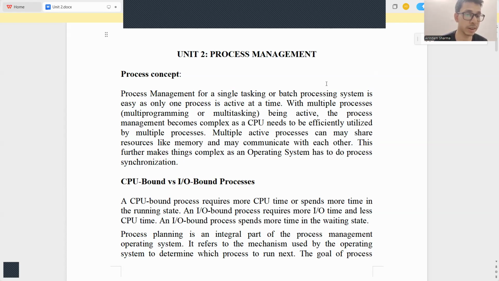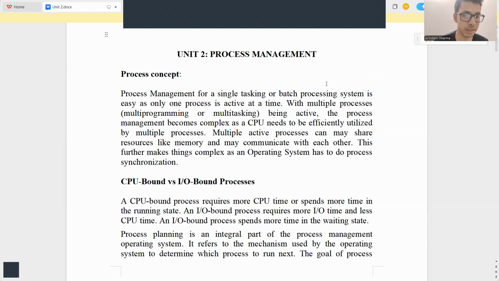Whenever multiple programs are running, the management of these processes becomes complex, because the CPU needs to be efficiently utilized by multiple processes. Since there are a lot of processes, the CPU needs to be used efficiently. Next, multiple active processes may share resources like memory and may communicate with each other.